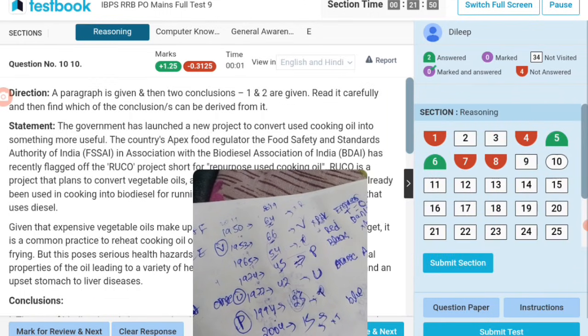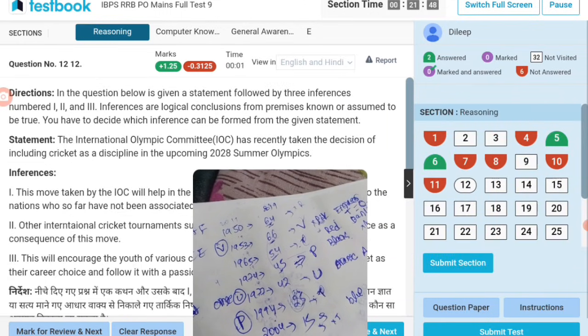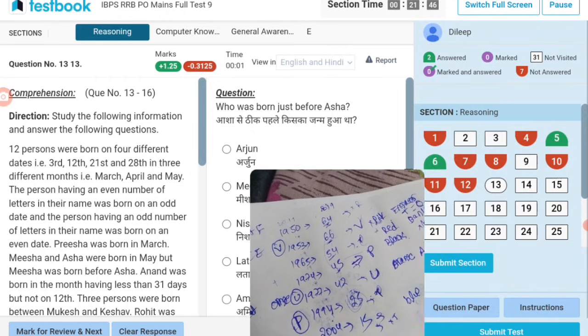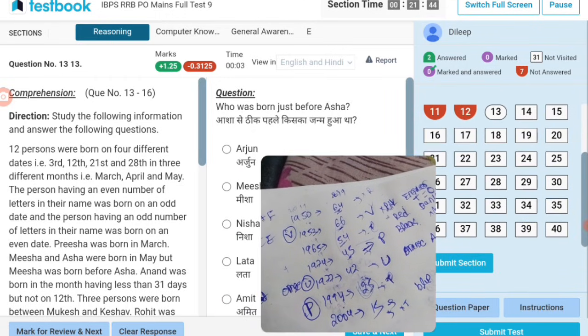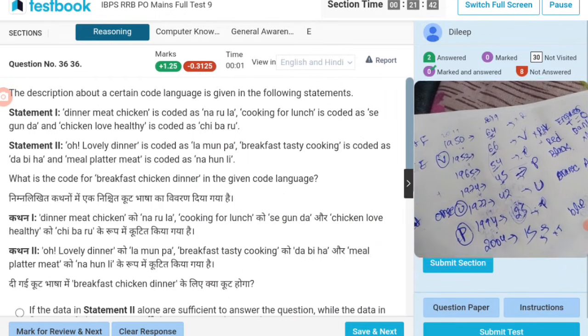So I think this is also moderate level. Next.